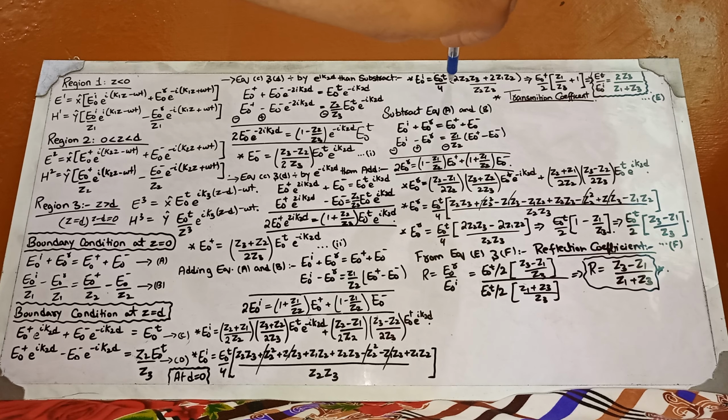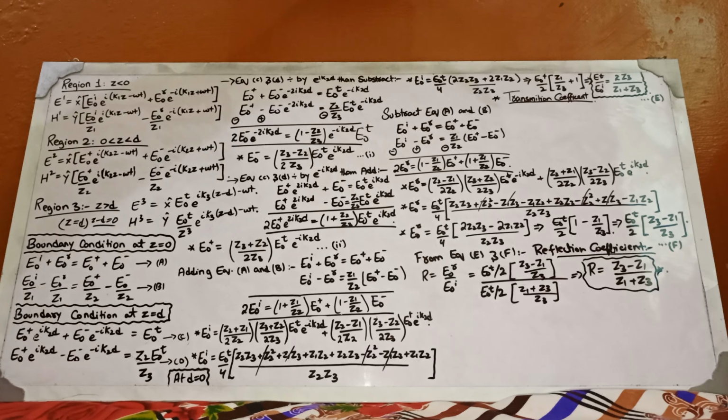Once you divide Z2 Z3 by Z2 Z3, it becomes 1, and when you divide Z1 Z2 by Z2 Z3, Z2 cancels with Z2, you will only be left with Z1 by Z3. So 1 plus Z1 by Z3, or Z1 by Z3 plus 1, both the same. Finally you just have to take LCM, so it becomes Z3.